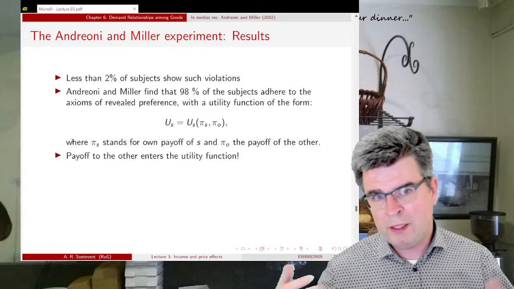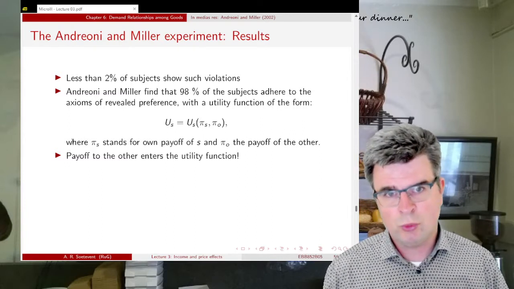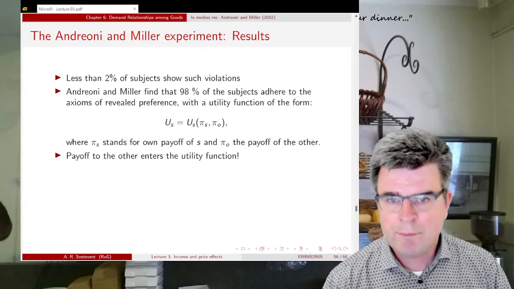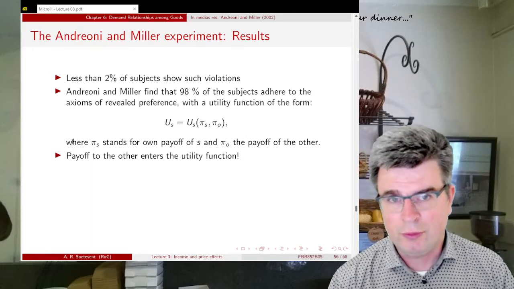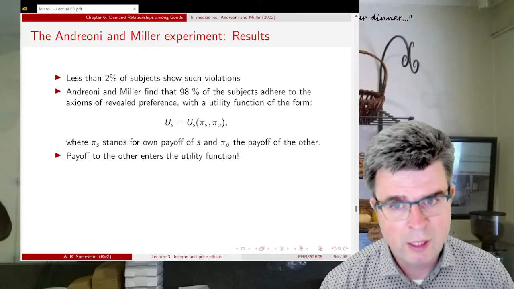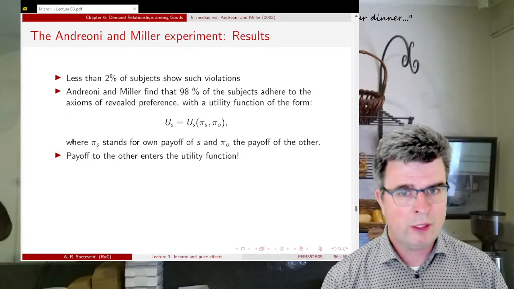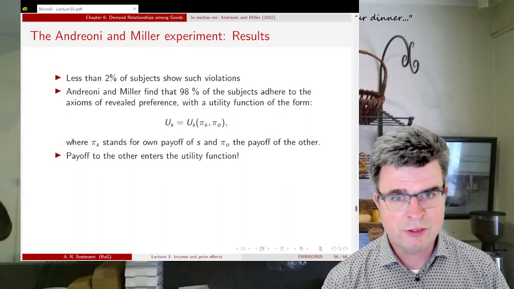And they do it for many subjects, and they try to classify the different subjects into types. Now, the example I showed you of a subject who violates the axioms of revealed preference, that's the exception. Only 2% of the subjects violate these simple rules.